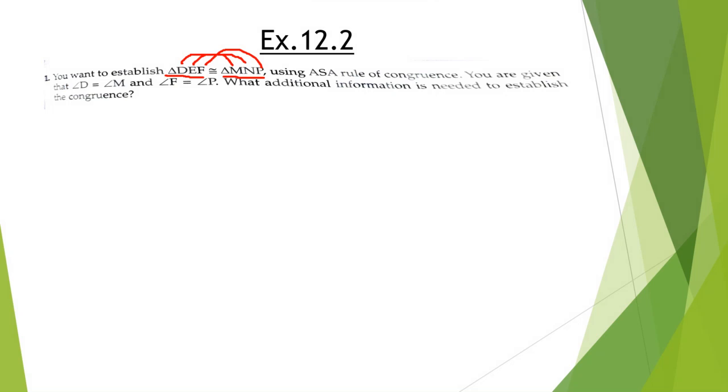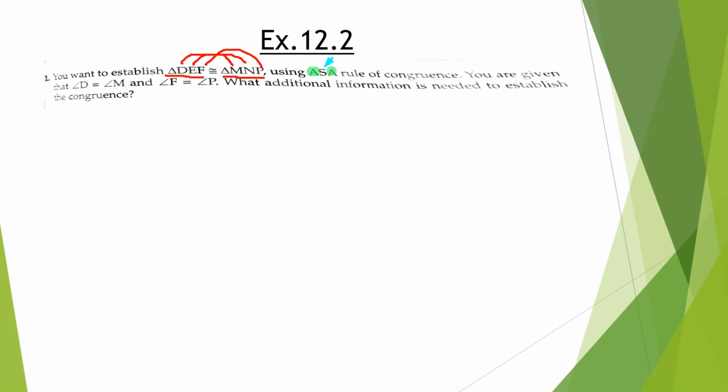So you can easily observe that two angles are given already equal. So what is left that should be equal? So it is S, the side, that is not given. Two angles are given equal, S, that means side is not given.